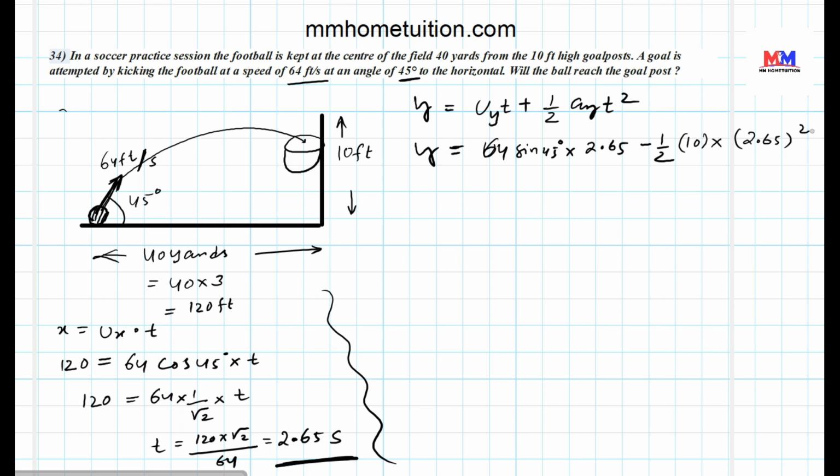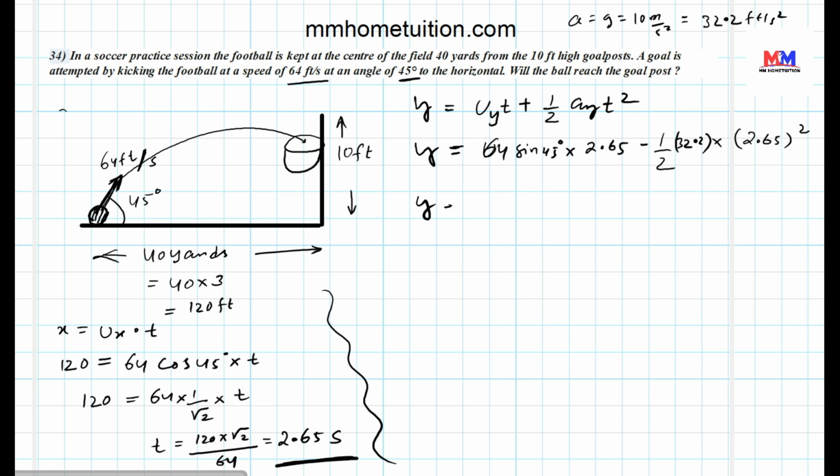So this is in terms of feet. So g equals 10 meter per second square, or this is 32.2 feet per second square.